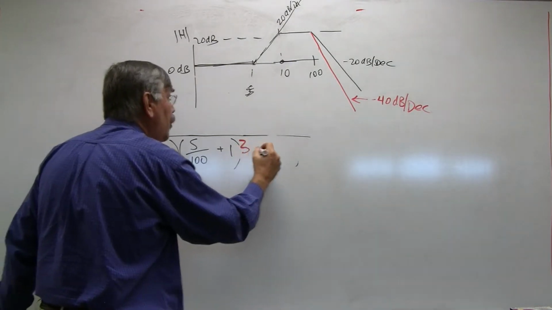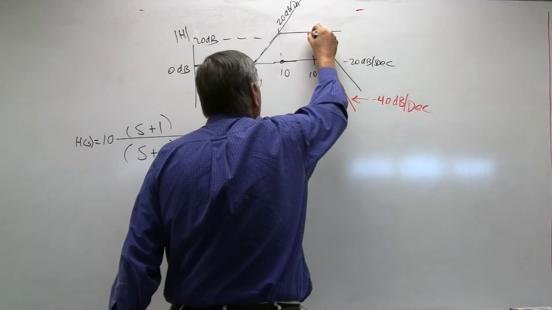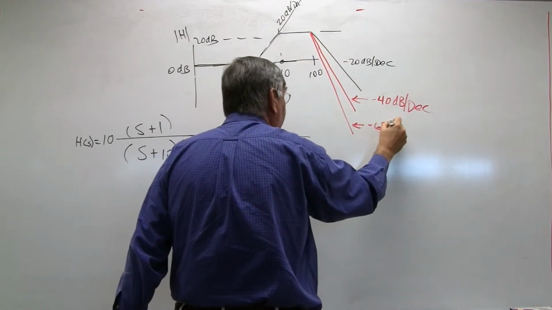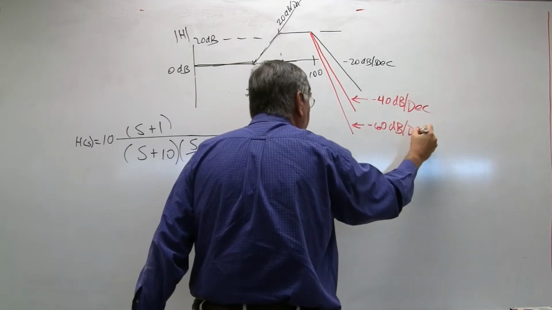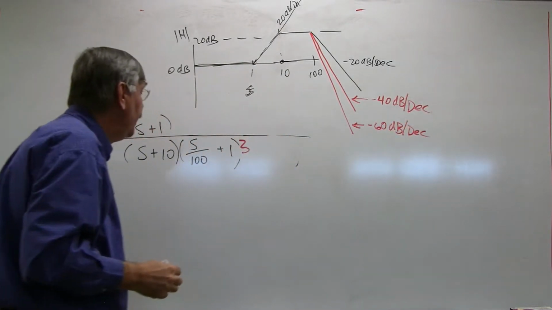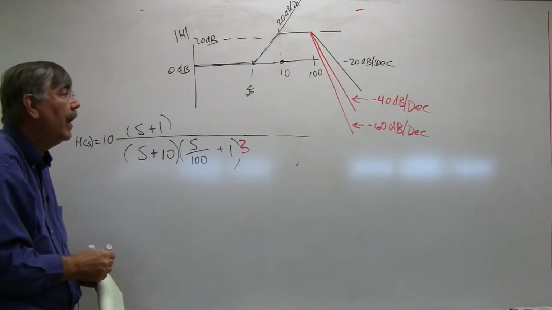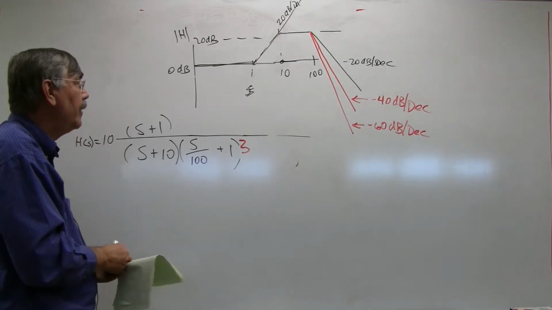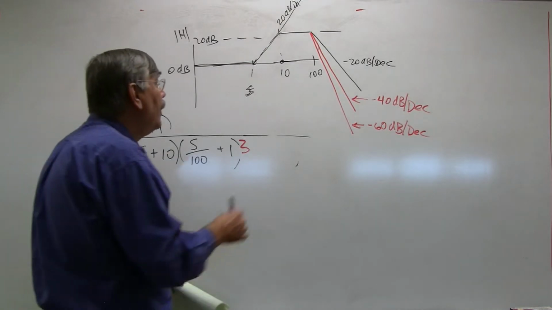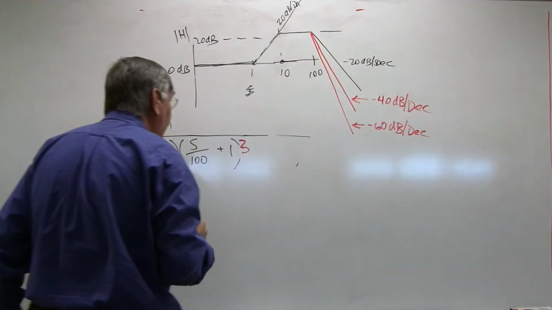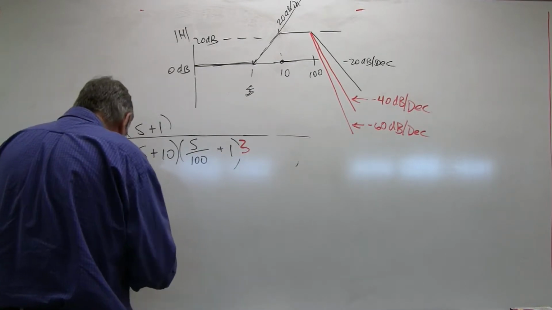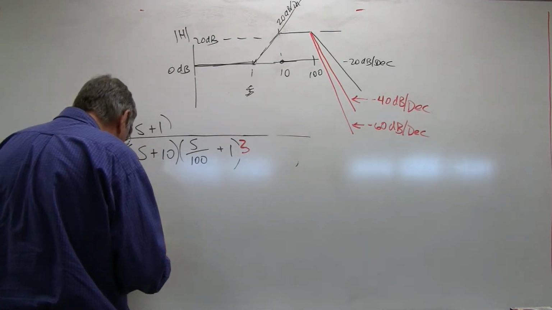If this thing had been cubed, this slope would have been even steeper, minus 60 dB per decade. Okay? So these are still real poles, but now we have them multiple times. All right? So we can do lots of things there. By the way, the errors out here would probably be bigger as we went to higher powers, but we'll come to that later.